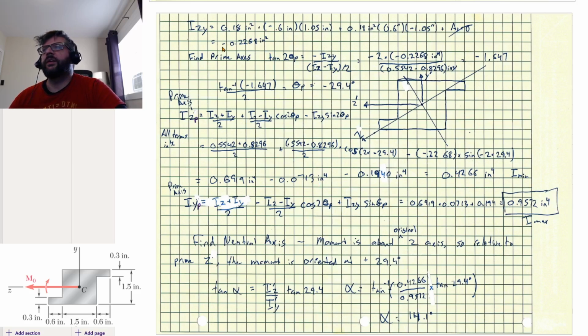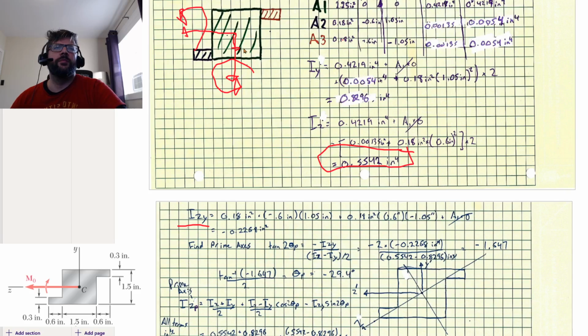So we also need to find our IZY in order to figure out what our prime axis is, and also to figure out what the IZ and IY are at those prime axes. Again, because the base cross sections are all symmetrical about either the z or y axis, these don't have any inherent asymmetry.